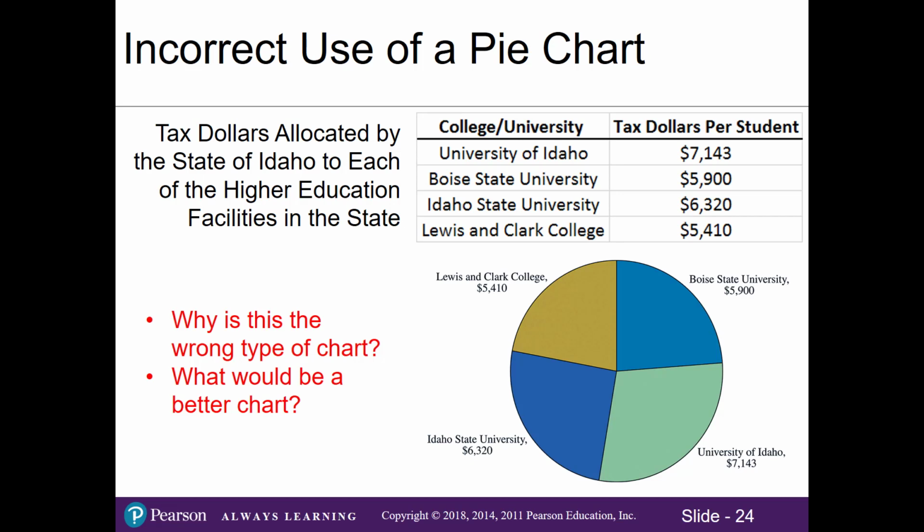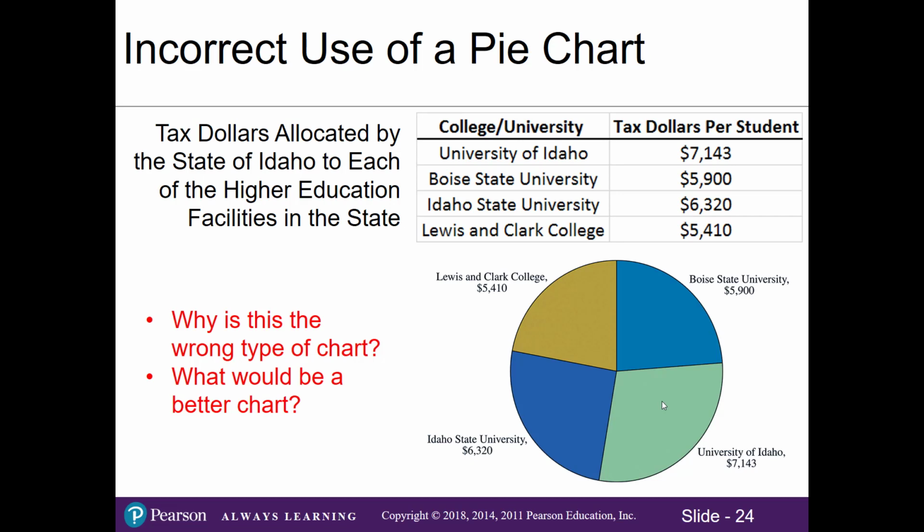For example, a few years ago, the student leaders at Boise State University wanted to draw attention to the funding inequities among the 4 public universities in Idaho. To do so, they rented a large billboard which contained a large pie chart like the one you see here, where each slice indicated the funding per student at a given university.